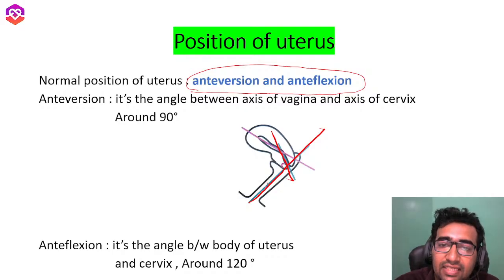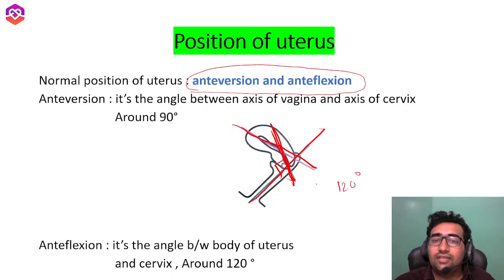Cervix and vagina form an axis of around 90 degrees. This is anteversion. What do you mean by anteflexion? Anteflexion is the angle between the axis of the cervix and the axis of the uterus. This is about 120 degrees. So these are the two angles I want to tell. 90 degrees between the axis of the vagina and axis of the cervix is called anteversion.